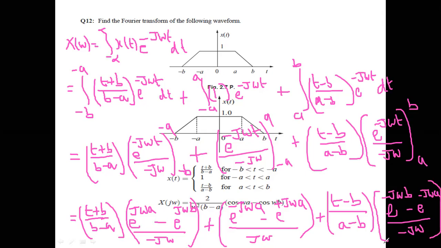Okay, my dear students, here the −jω is there. Still you go for the simplification. I will take it on the whiteboard, my dear students.